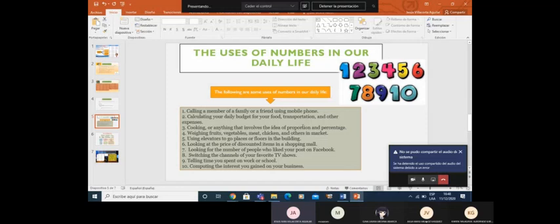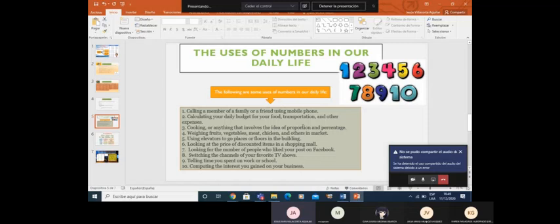For example, in this list we have only some examples, like calling a family member or a friend using a mobile phone. For this we use principally the numbers. Another example is calculating our daily budget for our food, transportation, or other expenses. And also for cooking we use numbers, or anything that involves the idea of portion and percentage.